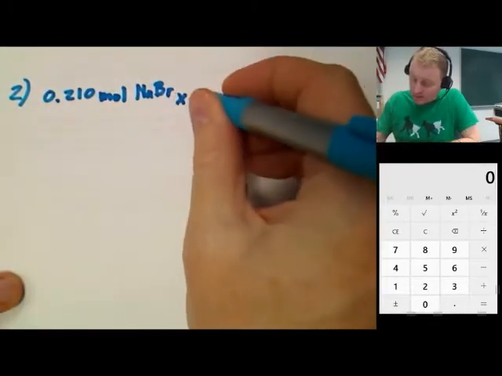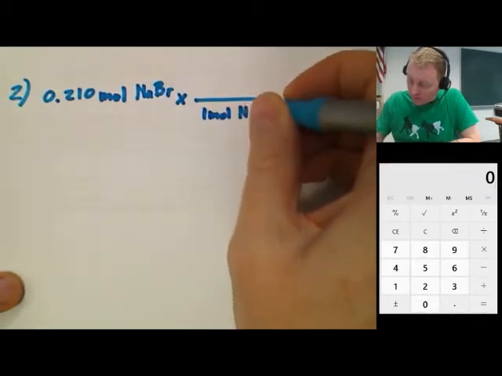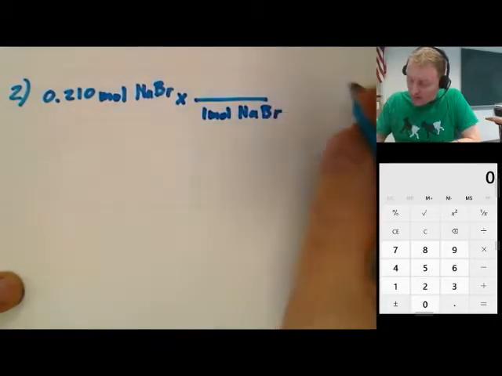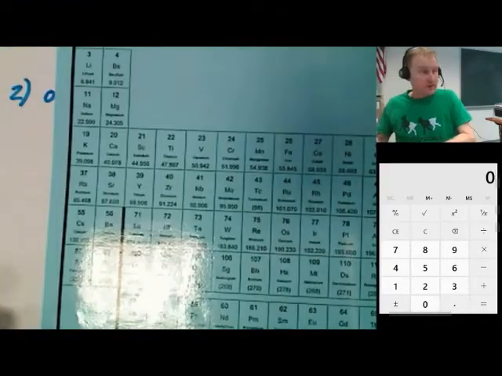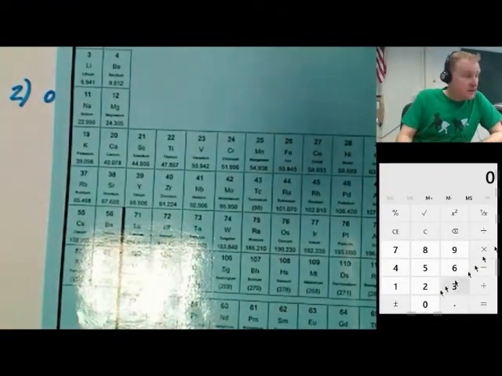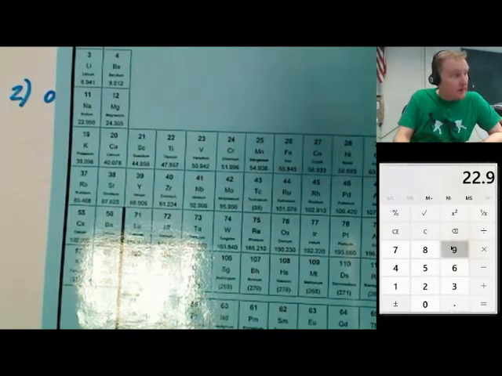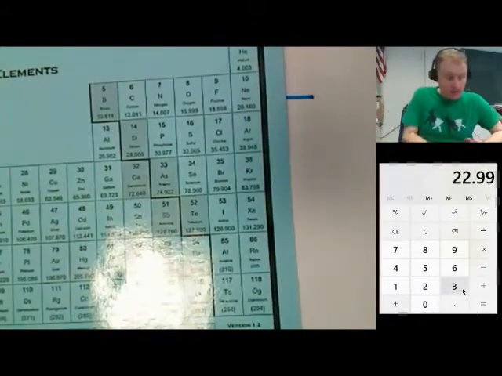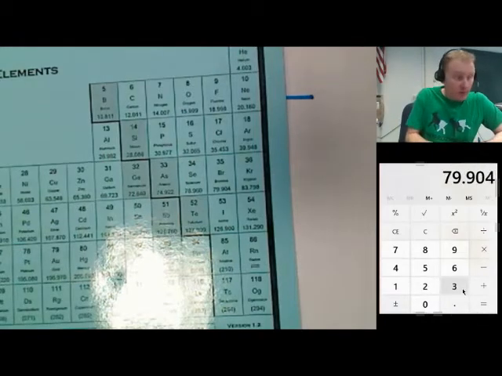So we're going to have to do some stuff off the periodic table. For every 1 mole of sodium bromide, what's the molar mass of sodium bromide? Well, to figure that out, we're going to have to add up a sodium, which is 22.990, plus a bromine, which is over here, 79.904.